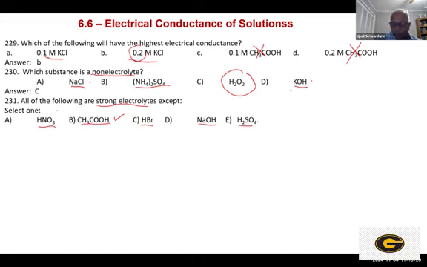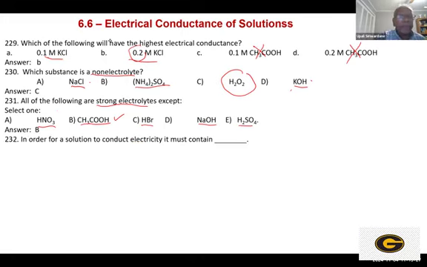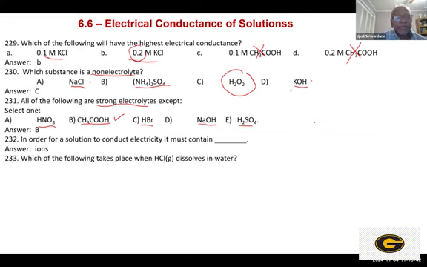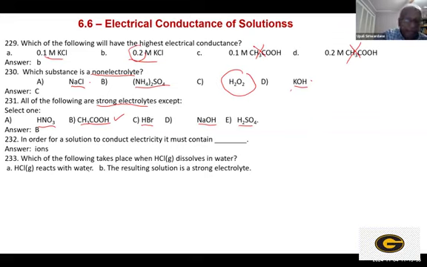In order for a solution to conduct electricity, it must contain ions. Which of the following takes place when HCl is broken down and dissolves in water? It doesn't react, it dissolves, breaks up.